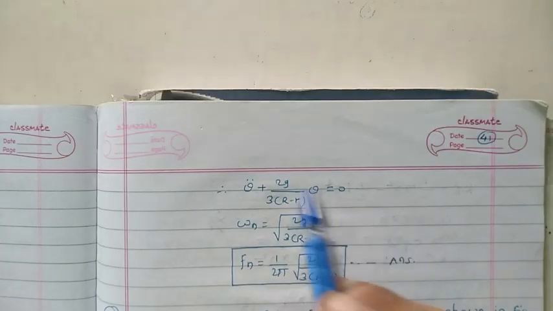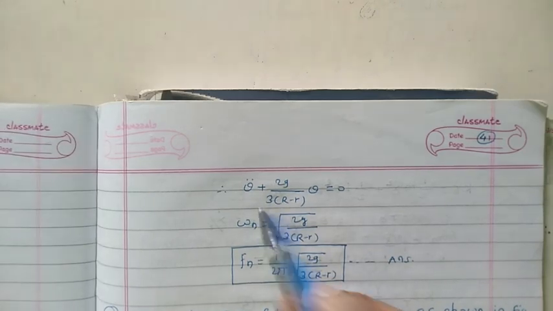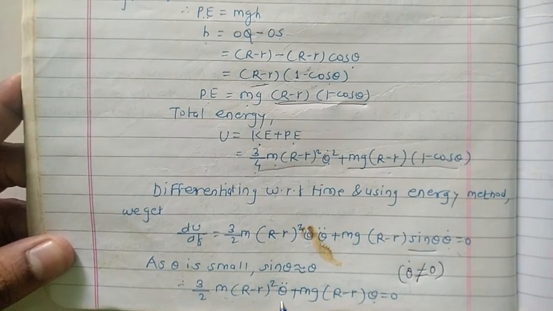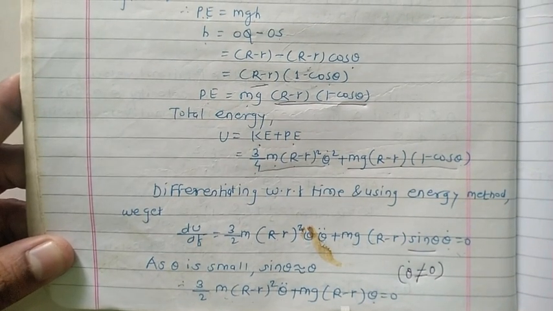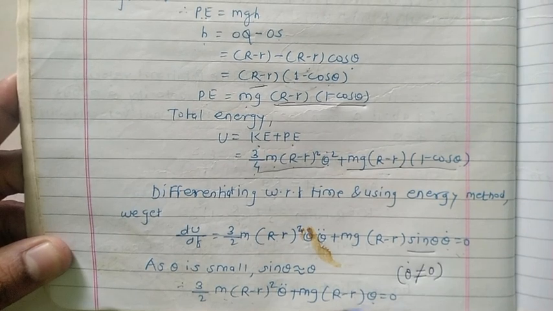Now rearrange this equation in such a way that we can compare it with the SHM equation. Keep this theta double dot as it is, and take this term towards this side. Here m gets cancelled, and this (R minus r) term gets cancelled, only a single (R minus r) remains.